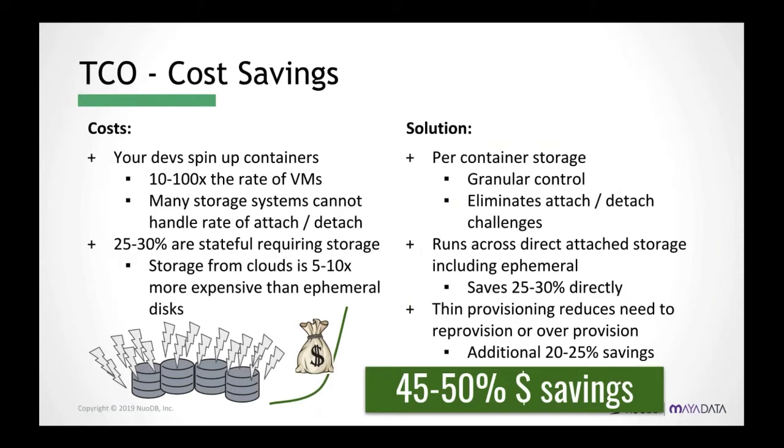And it all adds up. When we moved from VMs to containers, the rate is now 10 to 100 times more, and many storage systems cannot really handle the rate of attach-detach, because if you had 100 VMs in your virtualized environment, now we have 1,000, maybe 10,000 containers, because they are all microservices, very easy to spin up.